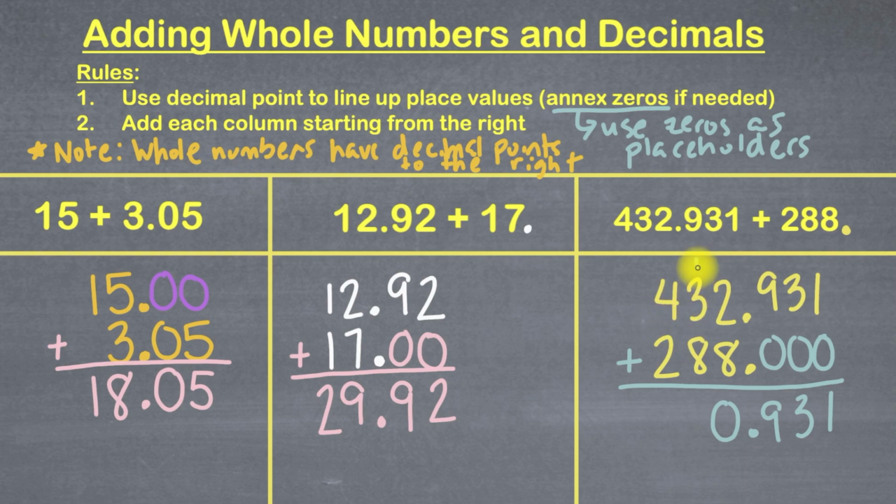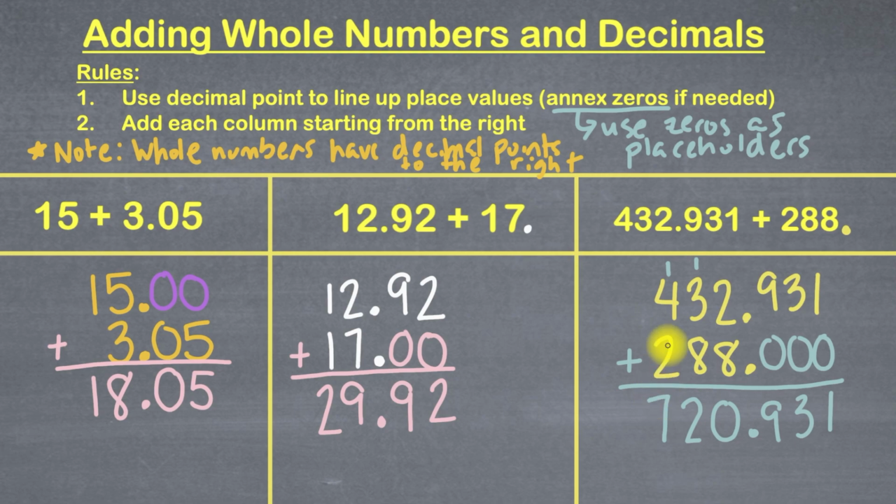Now I've got 1 plus 3 is 4, and 4 plus 8 is 12. Again, that's 2 digits. So for 12, I'll bring down the 2 here and carry the 1 here. Now I've got 1 plus 4 is 5, and 5 plus 2 is 7. So I'll write a 7 here, and I'm all done.